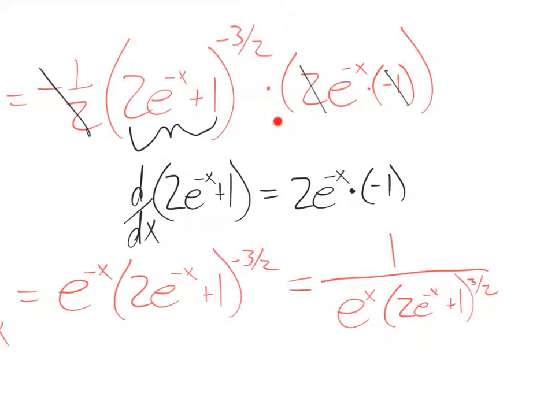Okay? I've got a minus 2e to the negative x. It would be negative 1/2 times, if I pull this factor at the end up to the front, a negative 2e to the negative x, which has no plus sign in there, so I'm not going to distribute, I'm just multiplying there, times 2e to the negative x plus 1 to the negative 3/2.